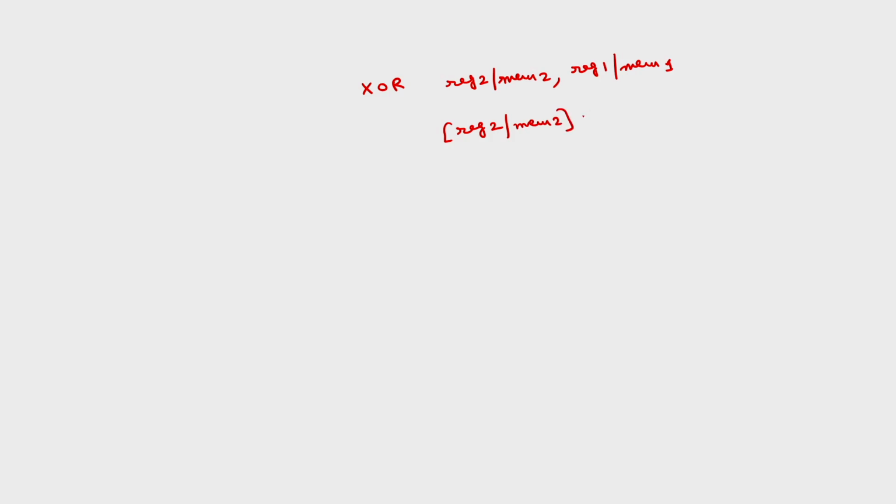Memory 2 will be exclusive ORed with the contents of register 1/memory 1, and the result is stored back to register 2/memory 2. So, these are the 5 logical instructions: 1's complement, 2's complement, OR operation, AND operation, exclusive OR operation.